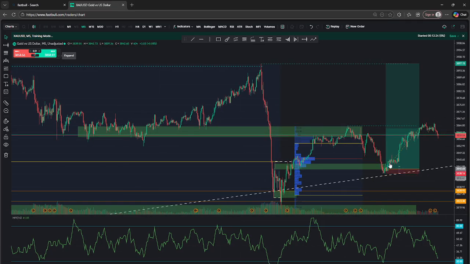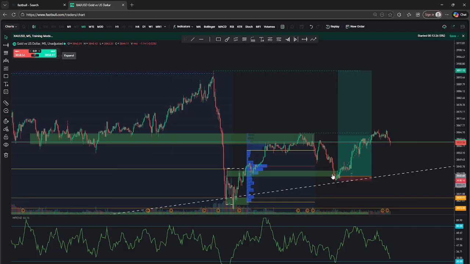So I take partials, 1% of the trade line here. So we want to see price. I want to see price break above this level.